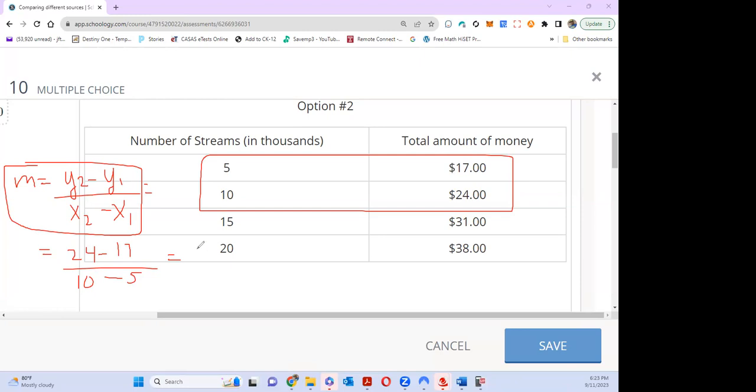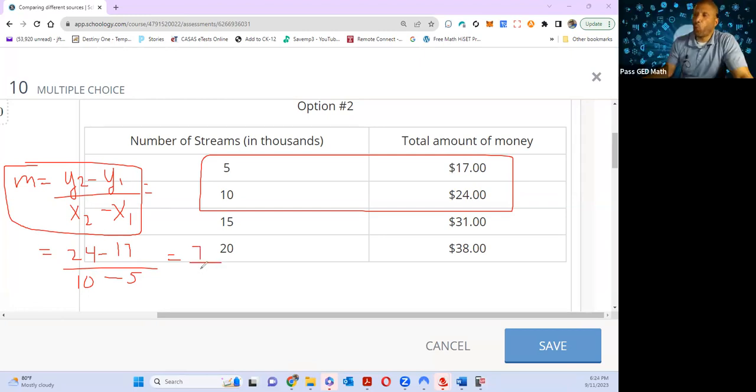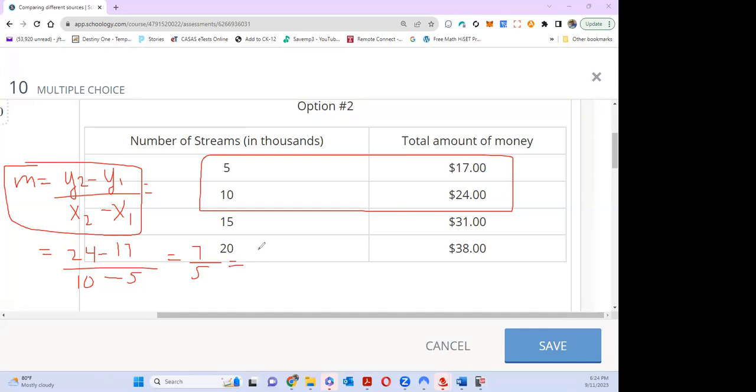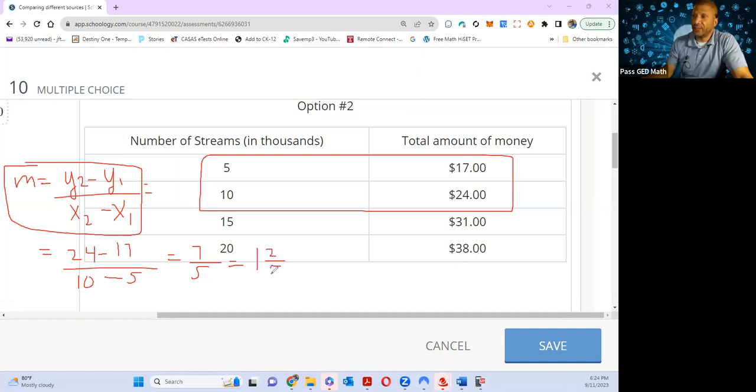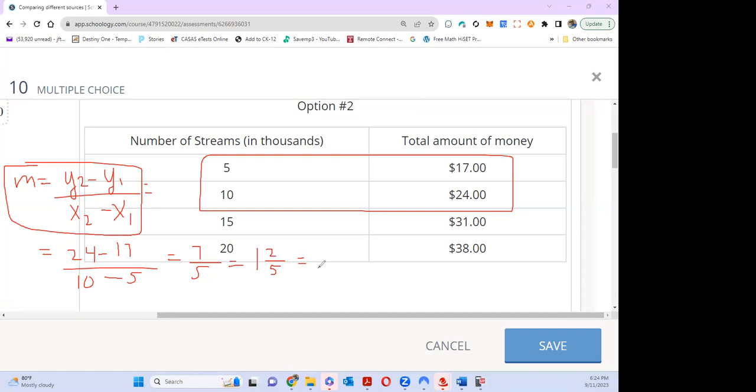What's 24 minus 17? 7. What's 10 minus 5? 5. 5 going into 7 how many times? One time. How many left over? 2. Keep the same denominator. What's 1/5 as a decimal? 0.2.